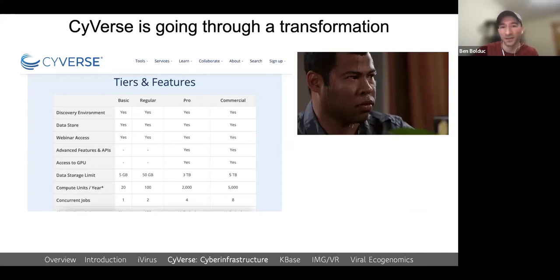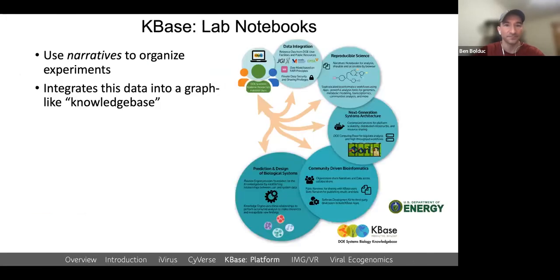It has a lot of moving parts, and there's a lot of data availability and resources available through iVirus. So it costs money to run. So you can't really blame them for trying to defray their costs.